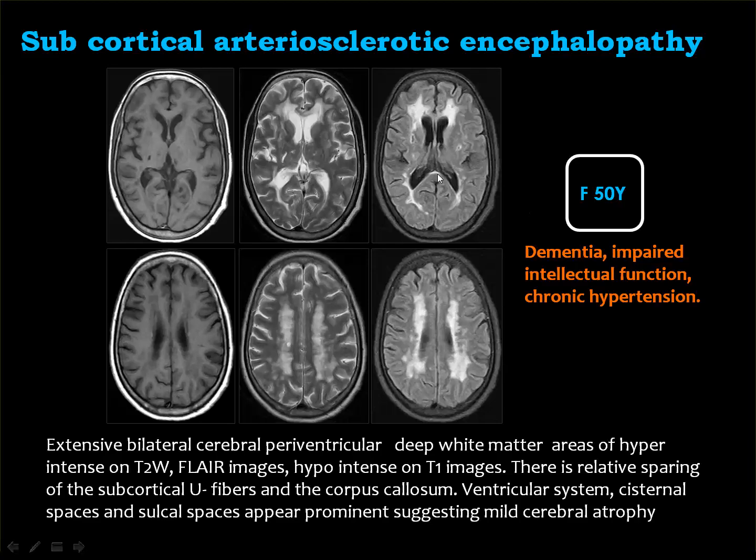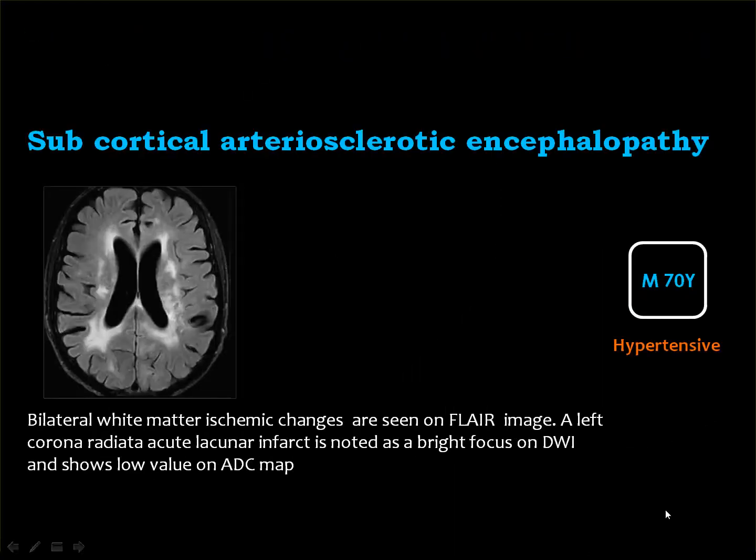In an MRI, you see the white matter is black in the T1, bright in the T2, bright in the FLAIR, with many infarctions in the white matter. If you want to know if these infarctions are acute or chronic, you should have the diffusion weighted images.